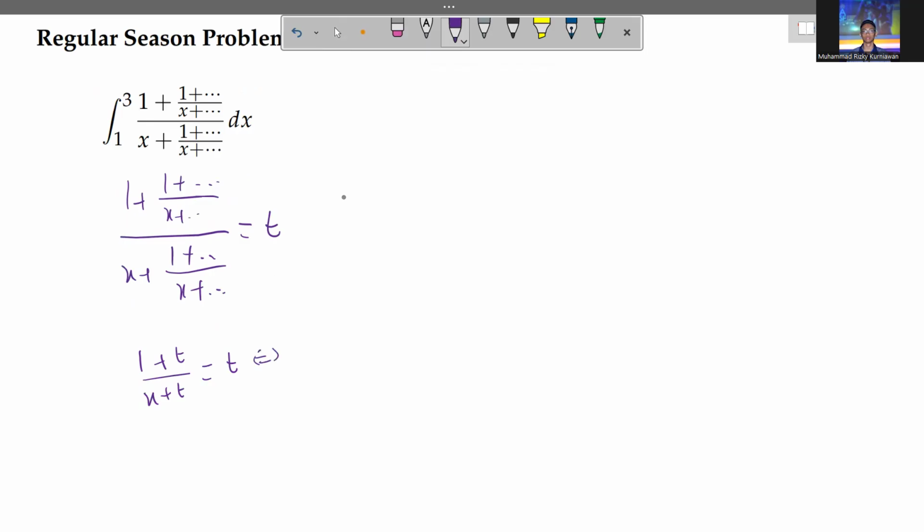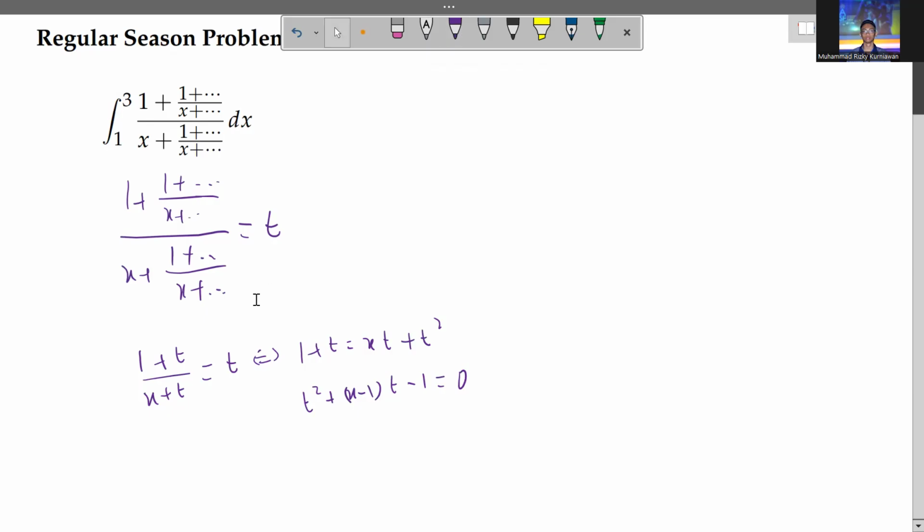That means 1 plus t equals xt plus t squared. Now you can see where this is going. t squared plus x minus 1 times t, where I move the t to the right-hand side, and then the 1 should be moved to the right-hand side as well, equals 0.